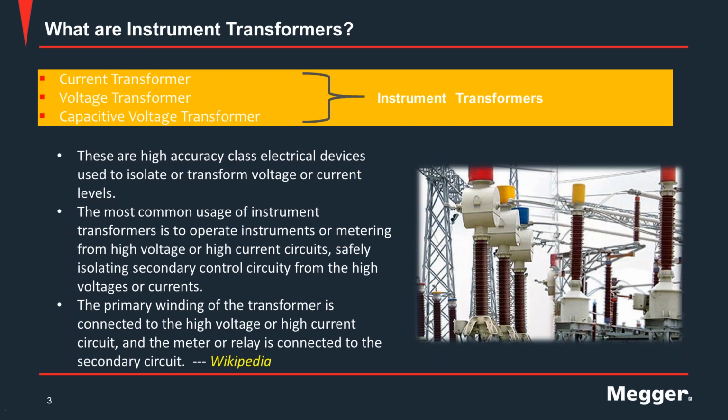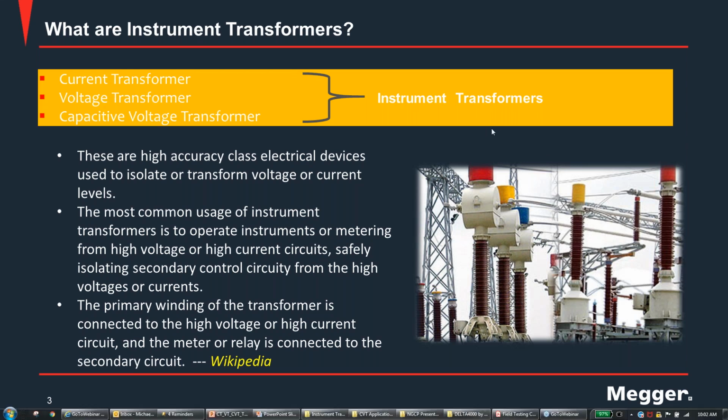Now, first, let's define what instrument transformers are. Like I've said, the CT, VT, and CVT are the instrument transformers. I got this definition from Wikipedia. These are high accuracy class electrical devices used to isolate or transform voltage or current levels.